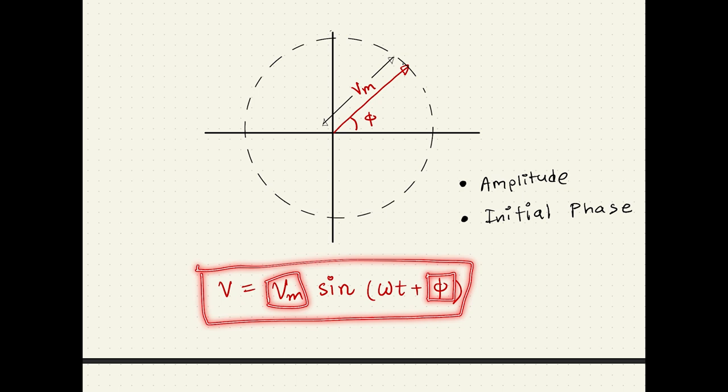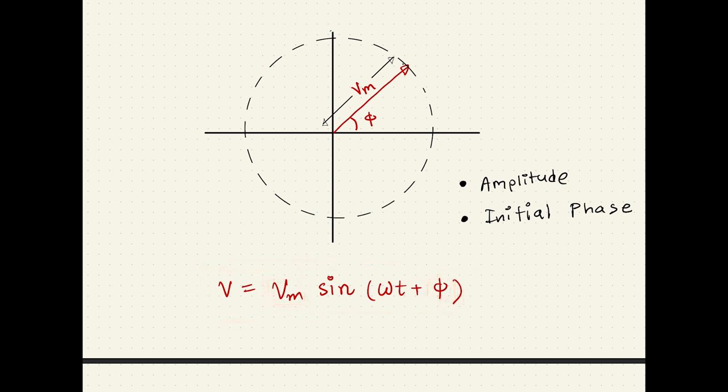The phasor representation of V is a vector whose length is the peak value of the voltage, that means Vm, and its angle is the initial phase angle of the voltage. So any voltage or current can be represented as a phasor with its peak value and initial phase.